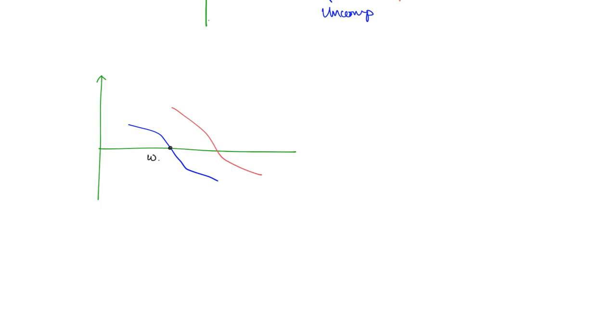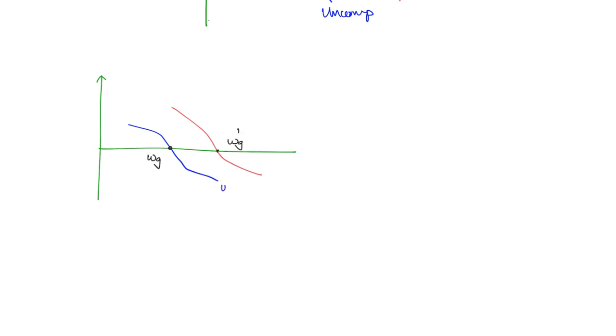Now the plots were slightly different. This is the magnitude plot, and we will take the uncompensated system something like this, and the compensated system something like this. Now what will be this omega g dash?